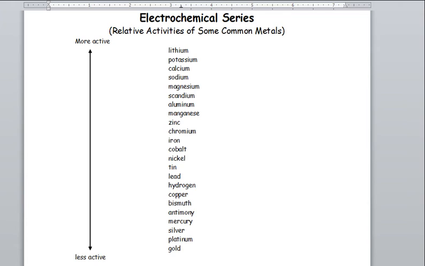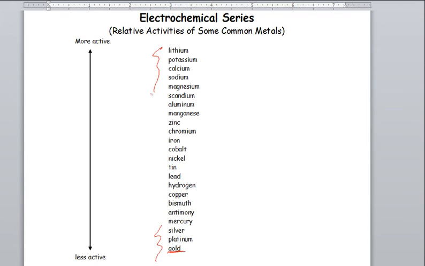But what do we notice? We notice that gold is down at the bottom of the list. And what do we know about gold? Gold is extremely inert. There's very few things in nature that gold would lose its electrons to. Metals that are down at the bottom of the list, they have a strong hold of their electrons. What about all these metals that are up here? Well, if you went looking in nature for lithium or sodium, you wouldn't find elemental sodium.